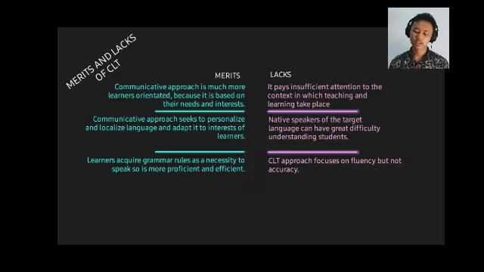The lack of CLT itself is that it pays insufficient attention to the context in which teaching and learning take place. Also, native speakers of the target language can have great difficulty understanding the student. The CLT approach also focuses on fluency but not accuracy. So the sentence correctness is presumably low.